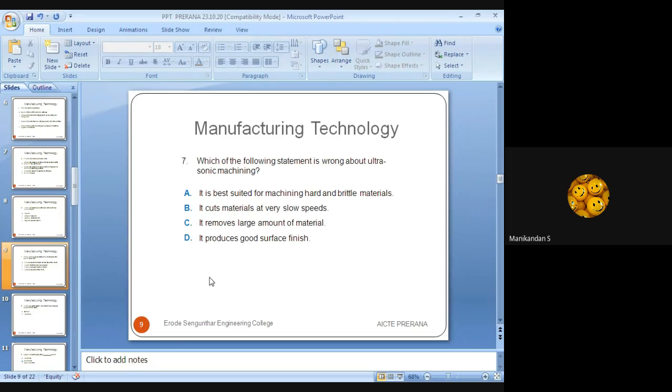It is best suitable for machining hard and brittle material. It cuts material at very slow speed. It removes a large amount of material. It produces good surface finish.